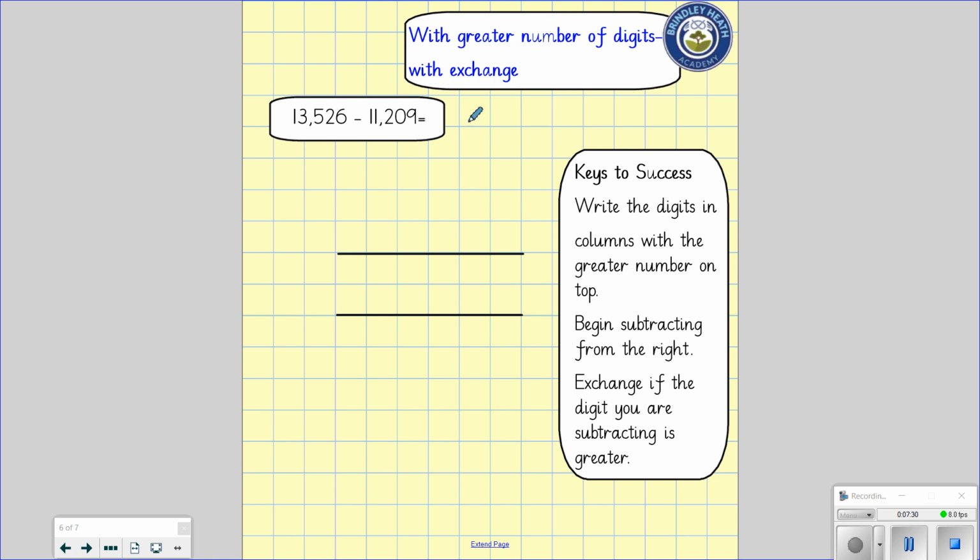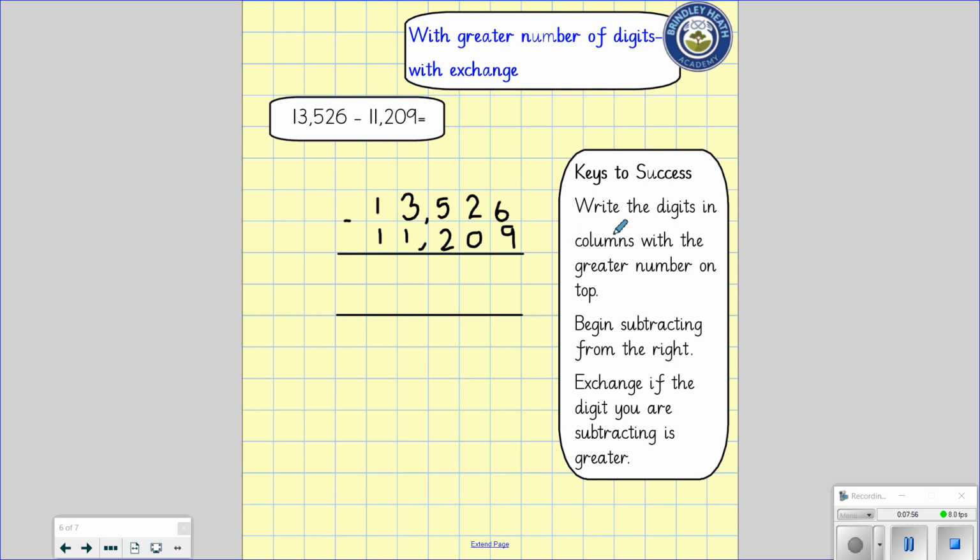Then we would have greater number of digits with an exchange. So I've got 13,526 and I'm subtracting 11,209.